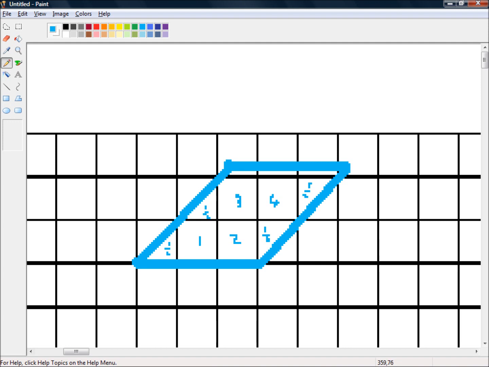So obviously we can't just have the square of the lengths. So how do we get the area? Well, one way to get it is to draw a perpendicular line down from the angle, and that will give us the height. For any quadrilateral, it's going to be the base times the height.